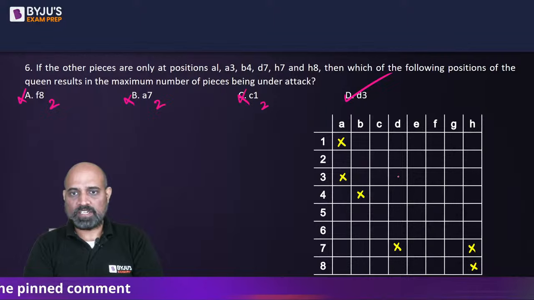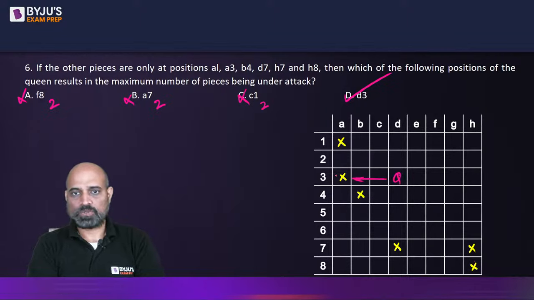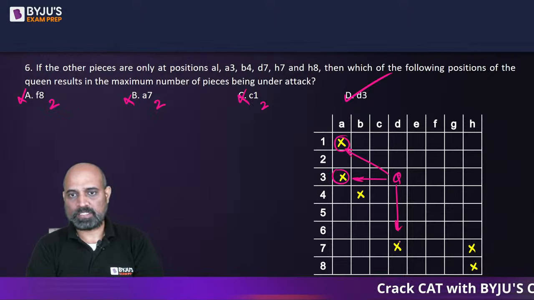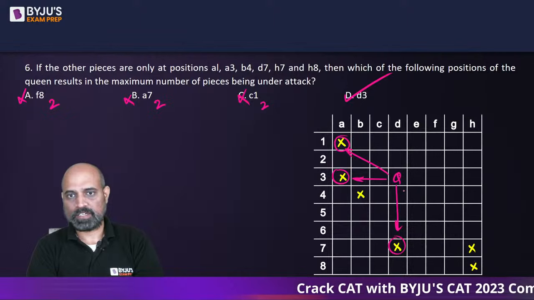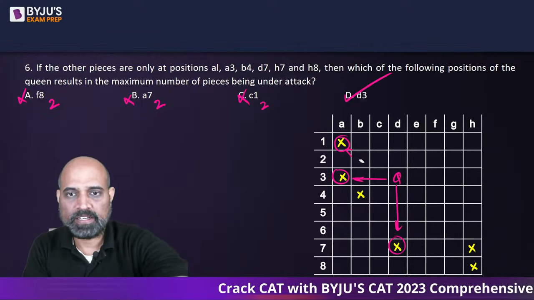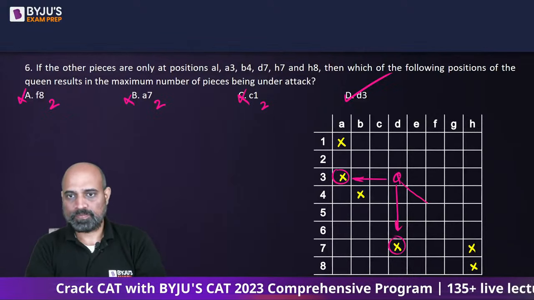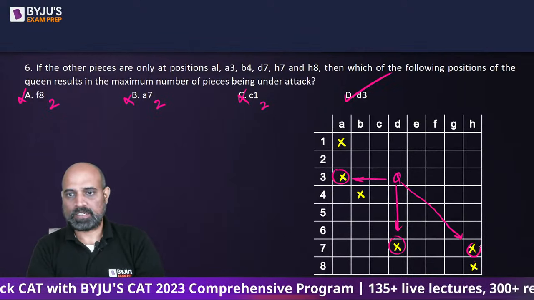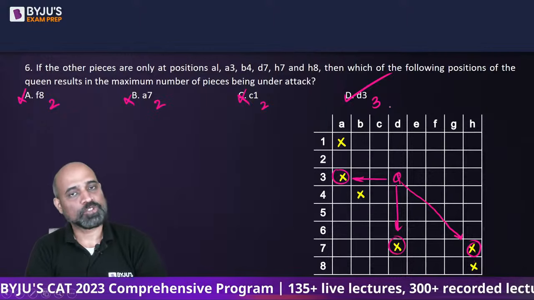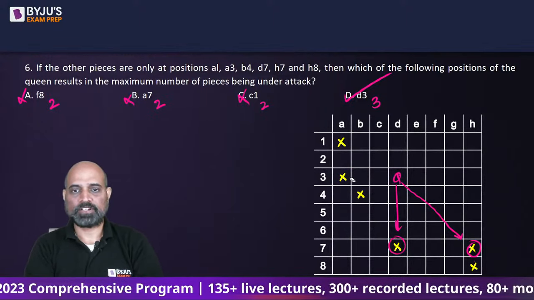So D3, if this is where the queen is, this is 1 piece under attack, this is the 2nd piece under attack, and then we have the 3rd piece under attack. So the answer is going to be 3. So that is the maximum we will have in that option.